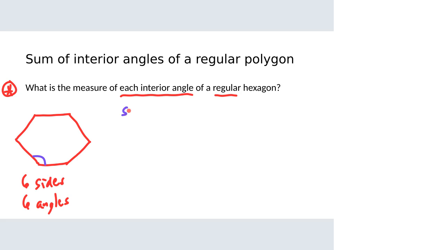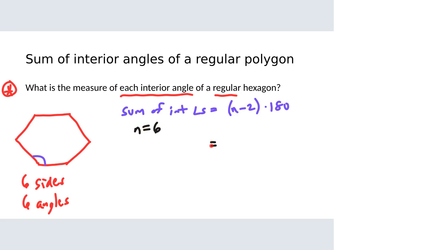Well, I can find the sum of the interior angles by using the formula n minus 2 times 180. Here, let's see, n is going to be 6 because it's a hexagon.